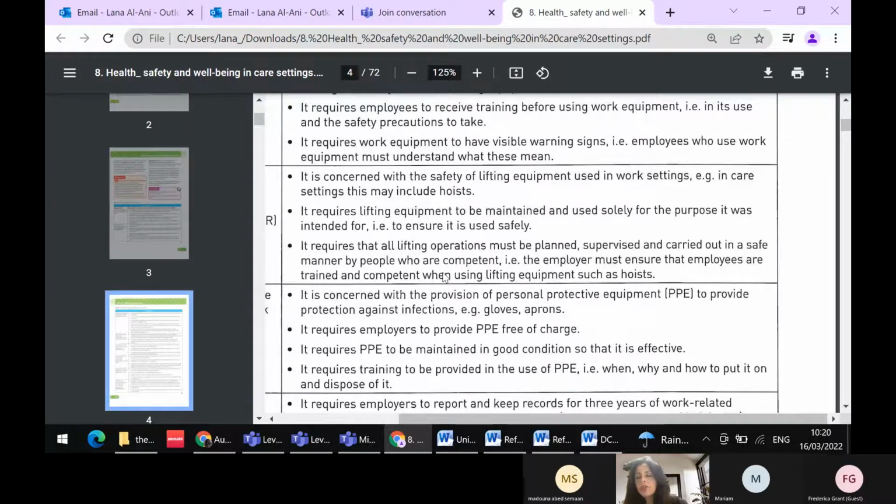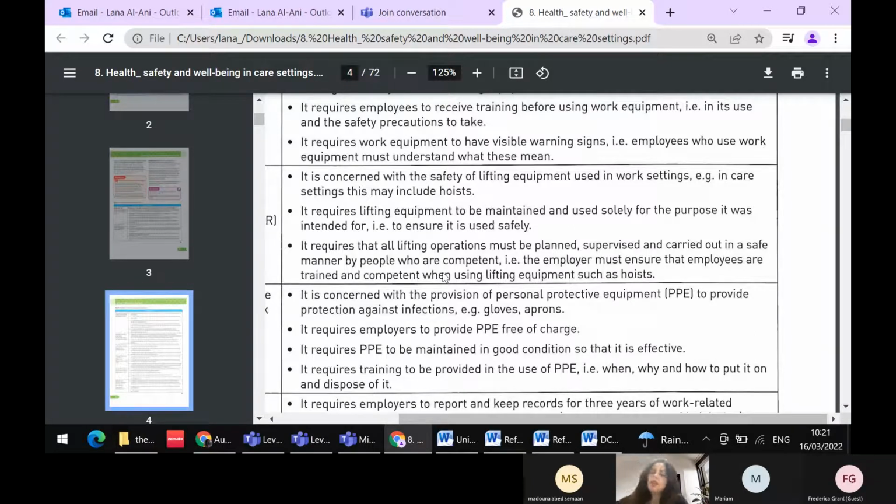Also, it requires lifting equipment to be maintained and used solely for the purpose it was produced for, so that you can't use, for example, a paper cutter to cut food. So you need to use each lifting equipment for its right purpose.